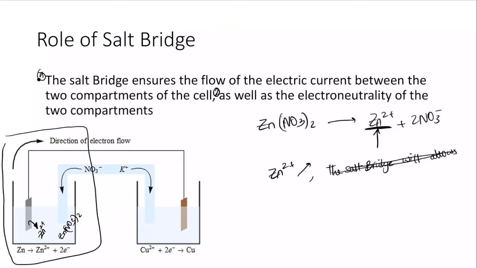Let's talk about the cathode compartment. Now in the cathode compartment, Cu2+ is being reduced. It undergoes reduction to Cu. We started our reaction with Cu(NO3)2, so we have Cu2+ and 2 NO3 minus, right?